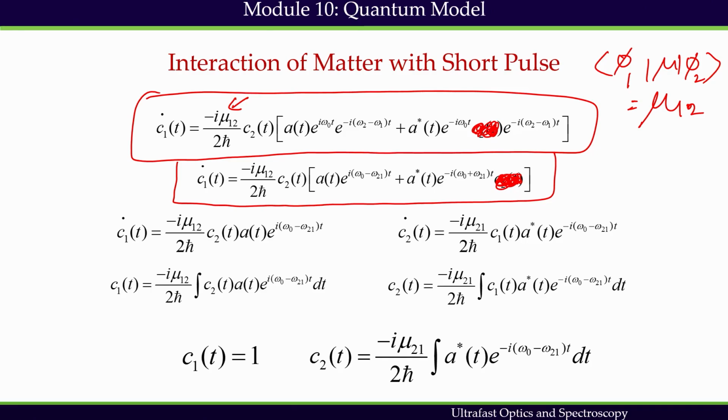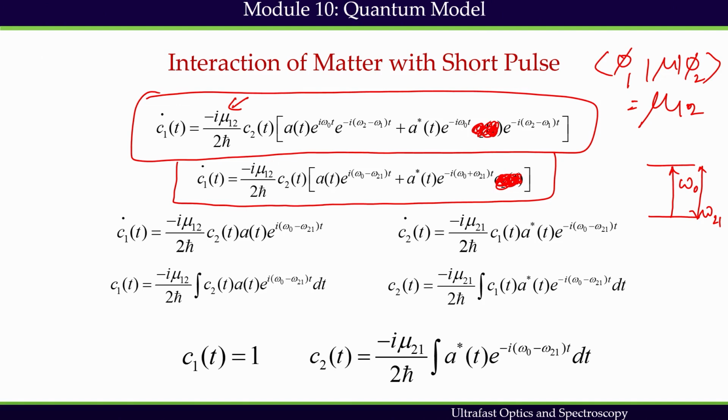And here we will take the rotating wave approximation, where we approximately say that we are almost in resonance with this phi naught, and this omega 2 1 is the difference, this excitation, they are almost in resonance with each other.